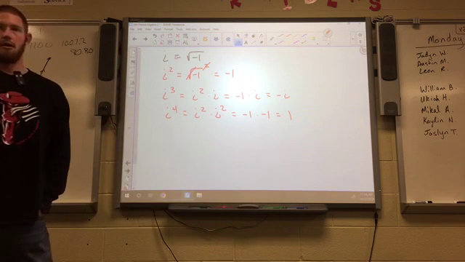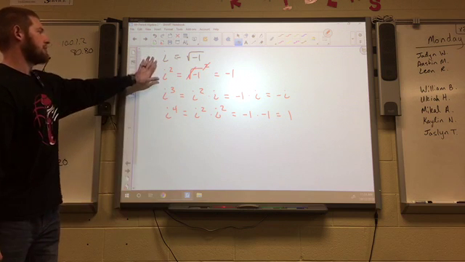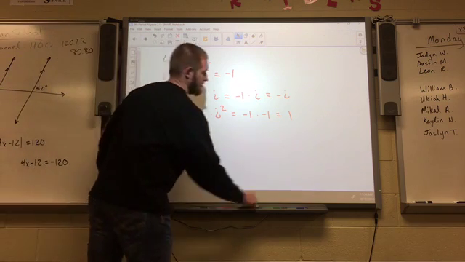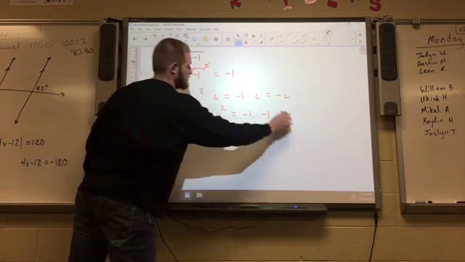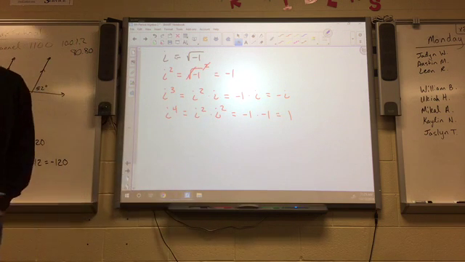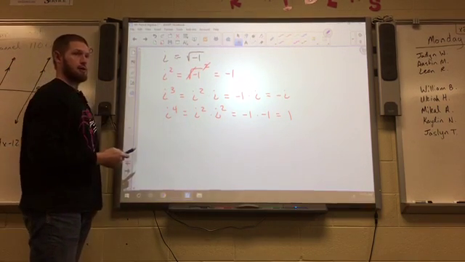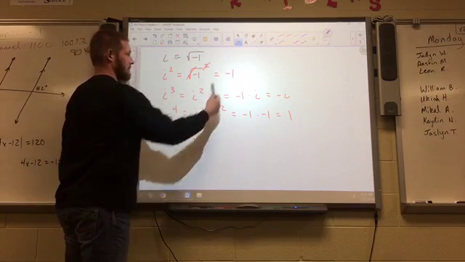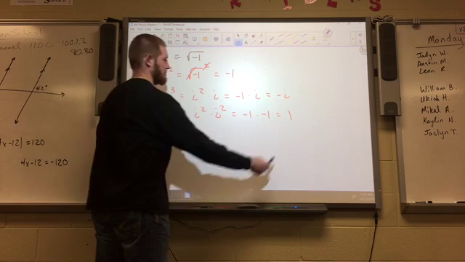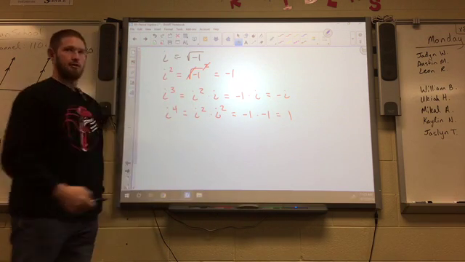I'm not going to keep going because you probably don't need to know past i squared. But I'm showing you that these 4 things after i to the 4th are just going to repeat every 4th time. So i to the 5th is just equal to i. i to the 6th is equal to -1. i to the 7th is equal to -i. i to the 8th would be +1. i to the 9th would start back over again.